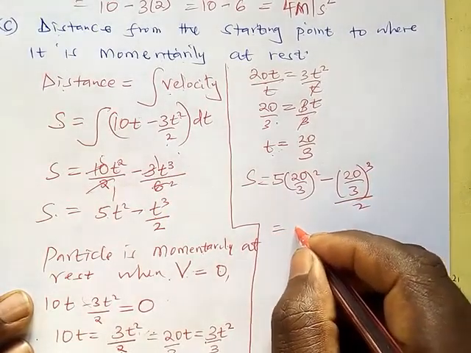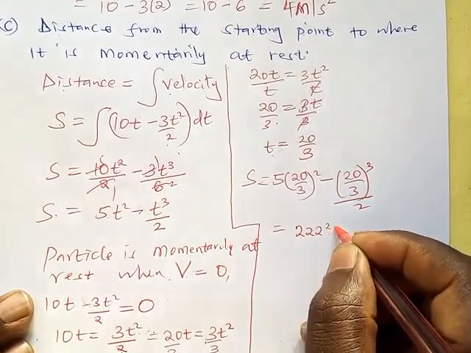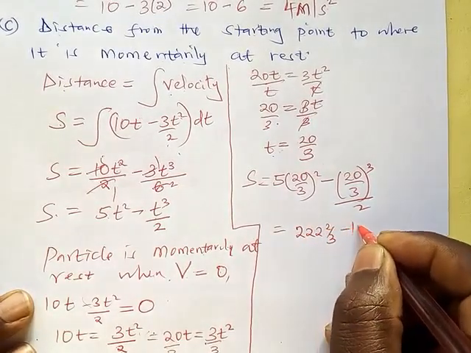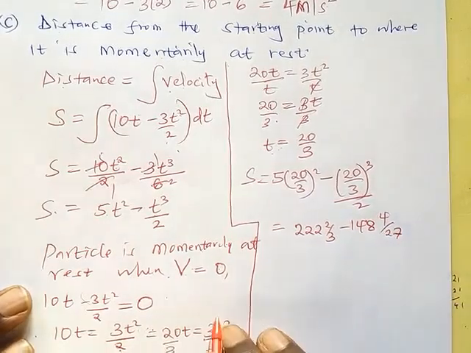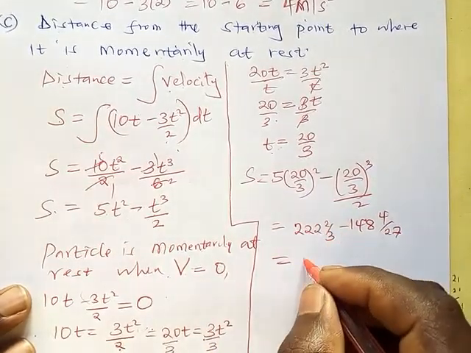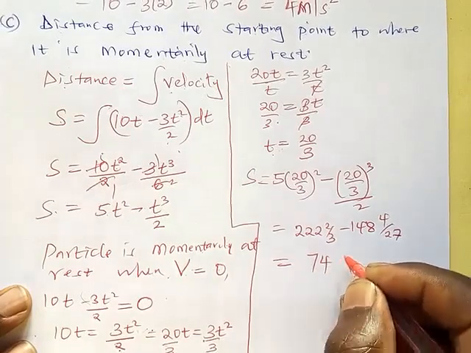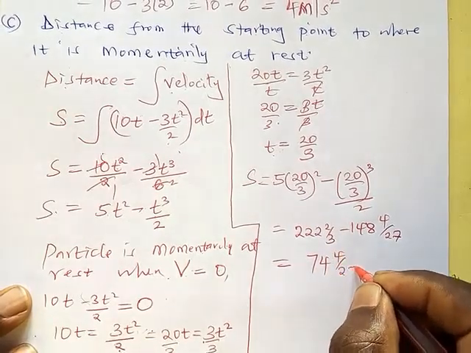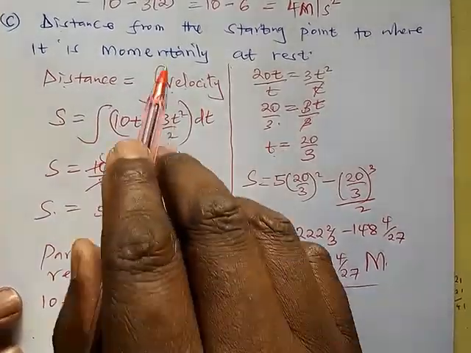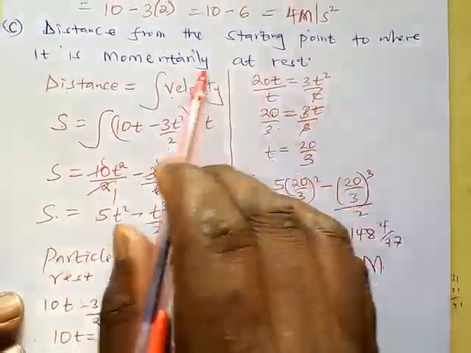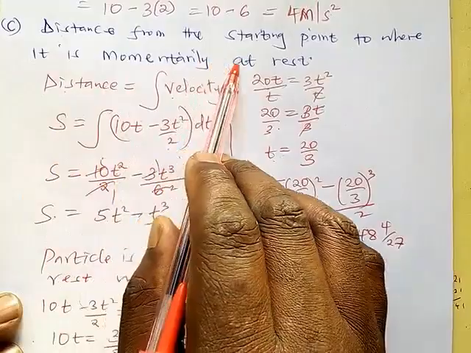This will give us 74 4/27, and that is in meters. And that is the distance from the starting point to where the particle is momentarily at rest.